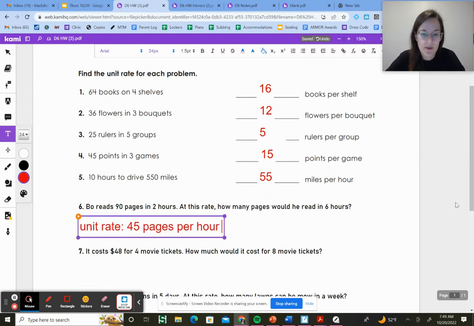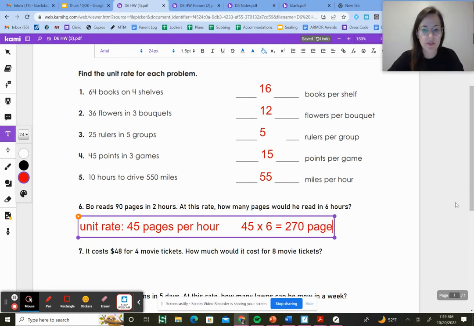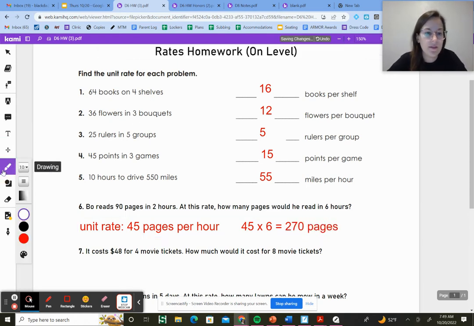So then you can just do 45 times 6 hours. I'm going to cheat on this one. That is 270 pages. So final answer is 270. Whoop, that was a struggle. I regret doing that. Okay, next one.